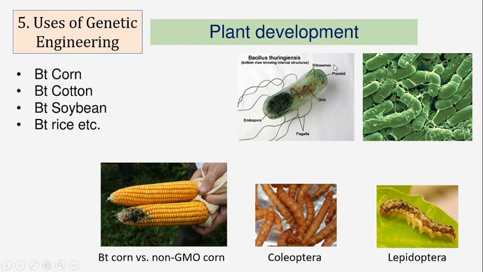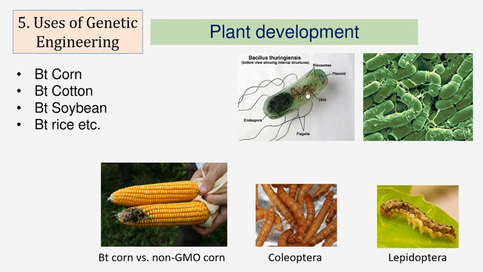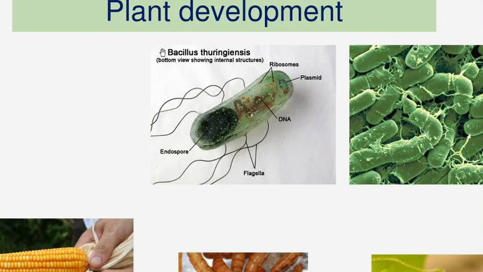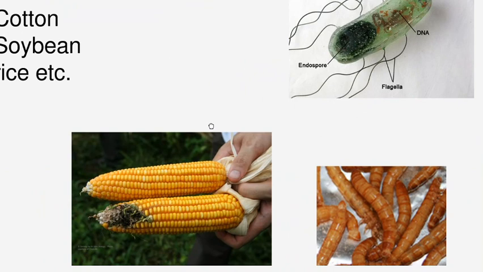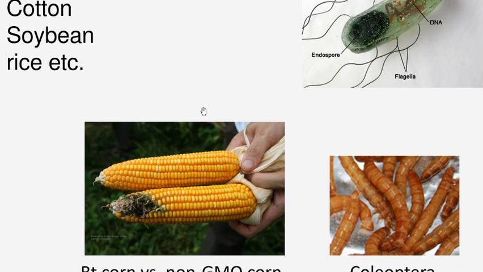That means the crystal toxic protein gene has been isolated from the bacteria Bacillus thuringiensis and inserted into a corn plant so that the corn plant became transgenic. That is called the BT corn plant.